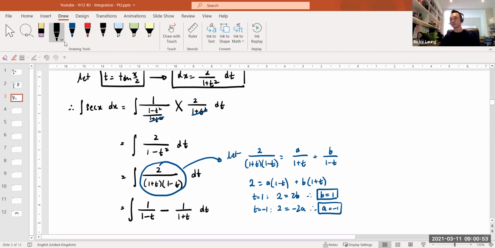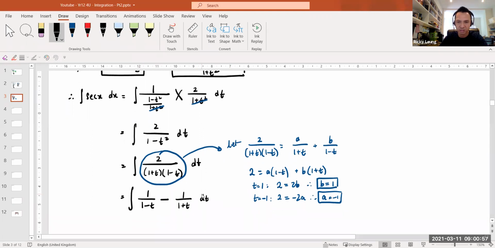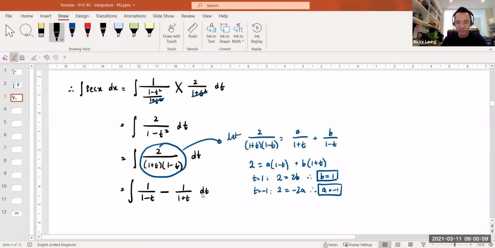Yep, that's nice. So let me just make sure that's right. Did I do that right? Let's see. I'm just making sure that my maths is right. I think I've got my negatives in the wrong place. Let me just see. t is 1, b is 1.